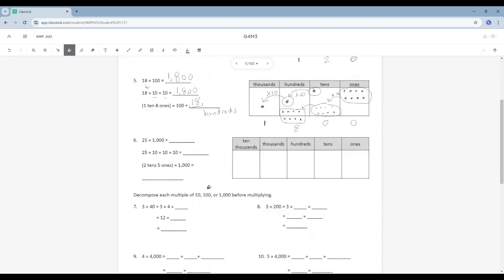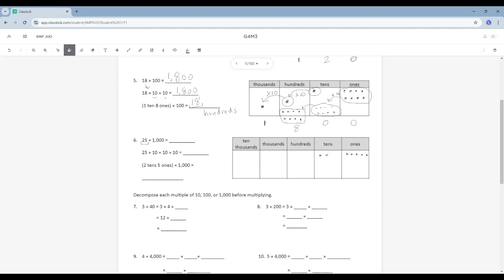Let's take a look at number 6, where it says 25 times 1,000. So let's go ahead and put 25 in the place value chart, which is 2 tens, 5 ones, and we're going to be multiplying by 1,000. So times 10, times 10, times 10. So I need to make 3 jumps.